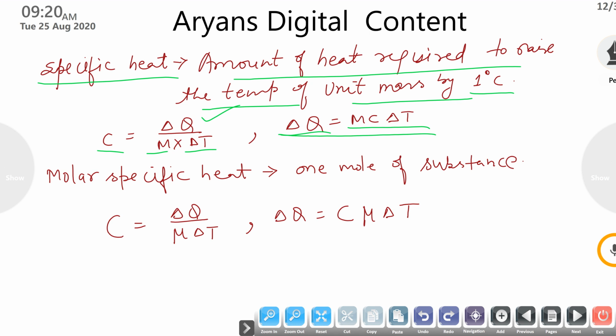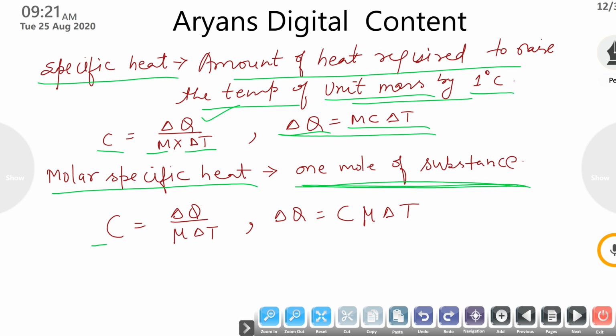And if we are considering the molar specific heat, then the substance should be 1 mole. Actually, this was per unit mass, but now this is 1 mole. So, the quantity has been specified: we have to increase the temperature of 1 mole of a substance.